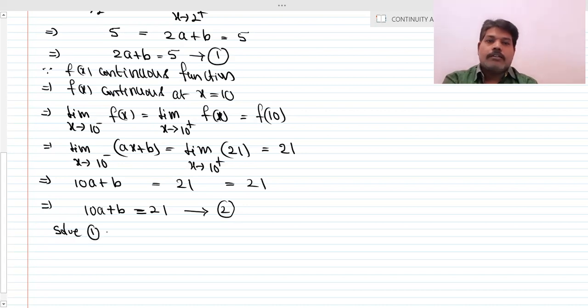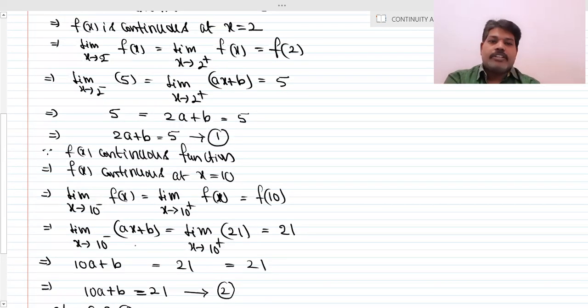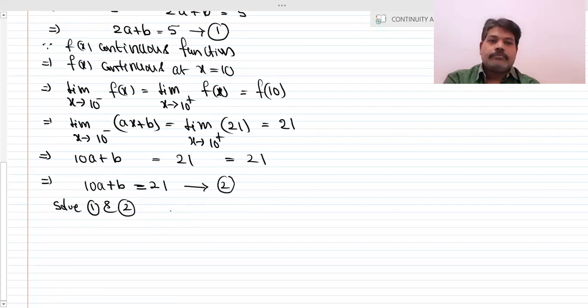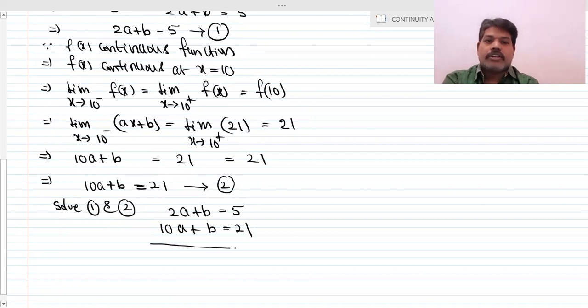So solve equations 1 and 2. I will take 2a plus b is equal to 5, and next, 10a plus b is equal to 21. Take the subtraction here.